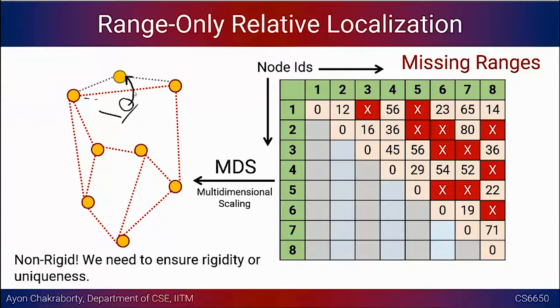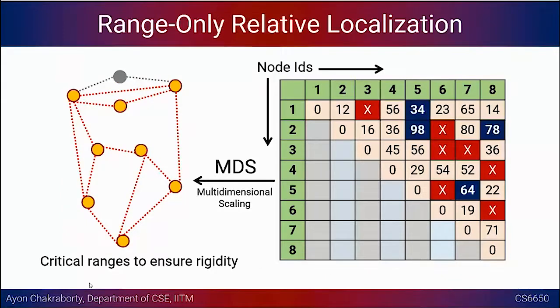So what we need to do is ensure rigidity or uniqueness of the graph. We need to at least make sure that we have the critical ranges. Even if we don't have all the ranges in the EDM, it is necessary that you have the critical ranges in the graph that ensure rigidity of the entire structure. What does this mean? There is no ambiguous location of any node; no node could be flipped without violating the EDM.